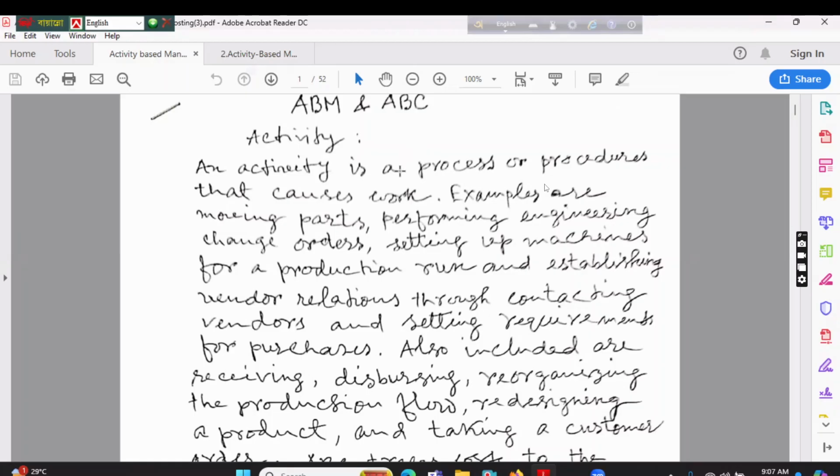Activity-based costing and activity-based management, we find this topic in different books. For example, Managerial Accounting, Garrison, Noreen and Brewer; Horngren's Cost Accounting, 16th edition. Garrison, Noreen and Brewer, Appendix, Chapter 2 and Chapter 7.